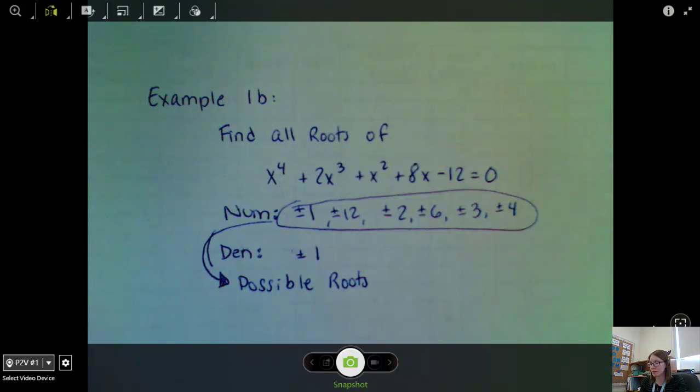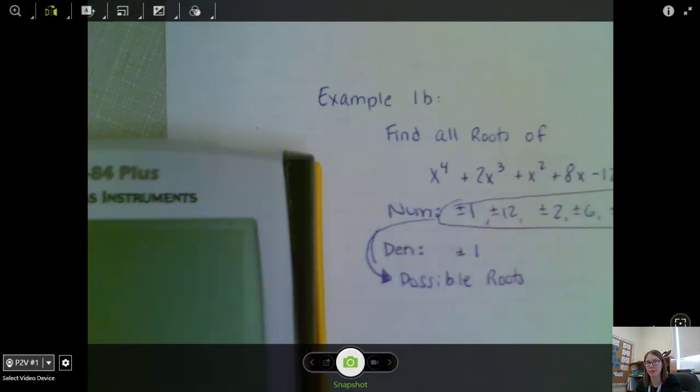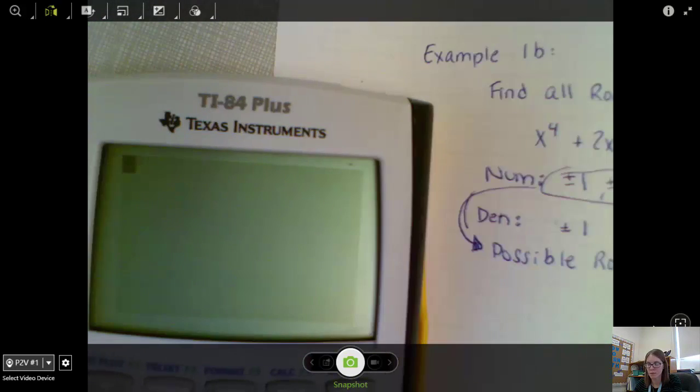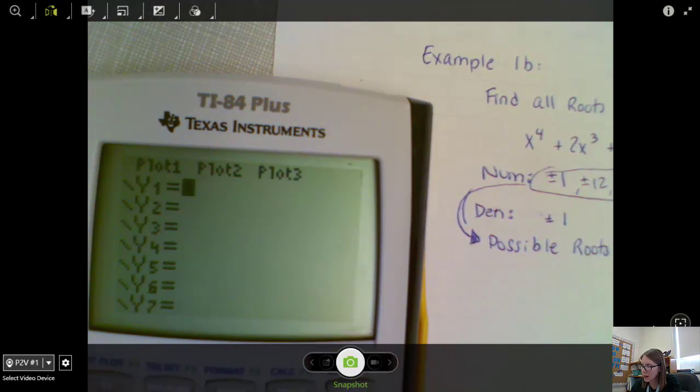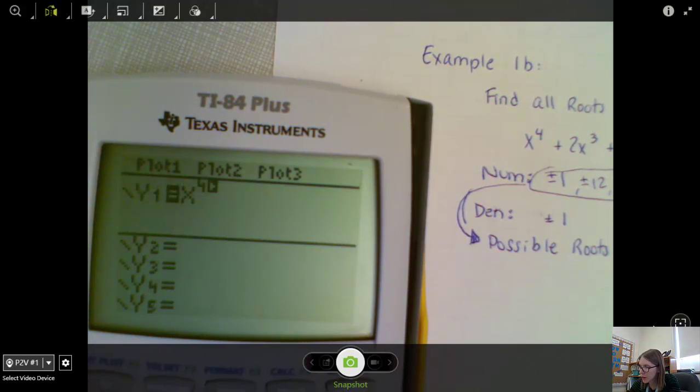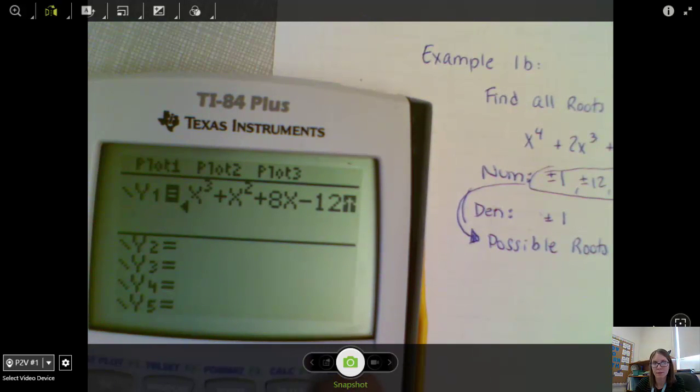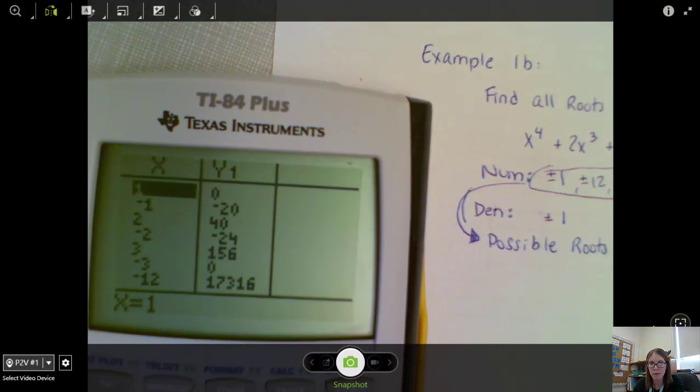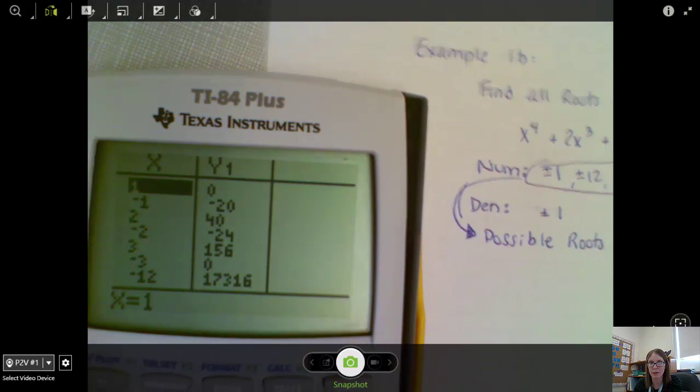Now to check this, I'll go to my calculator. Y equals, type it in, x to the fourth plus 2x cubed plus x squared plus 8x minus 12. And we'll check.